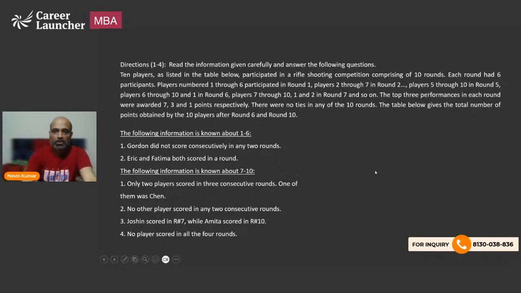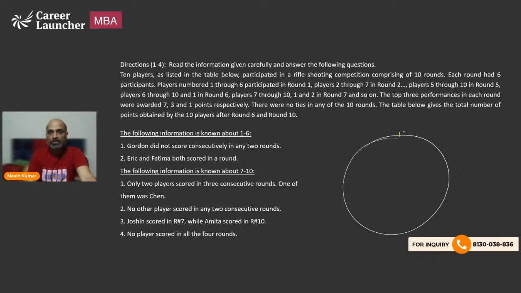If we consider a circle, and within the circle, there are 10 players, so what were the names? It's A to J, right? So we have got A, B, C, D, E, F, G, H, I, and J. So these are the 10 players that are playing the game.